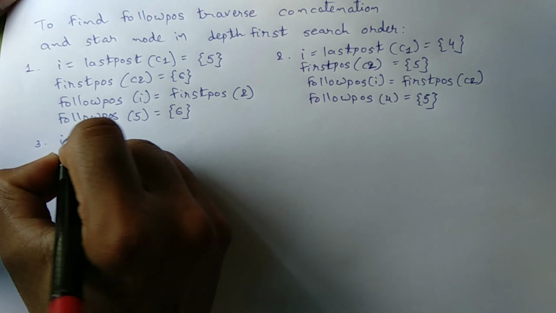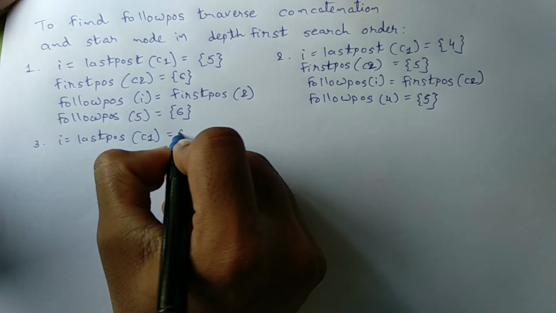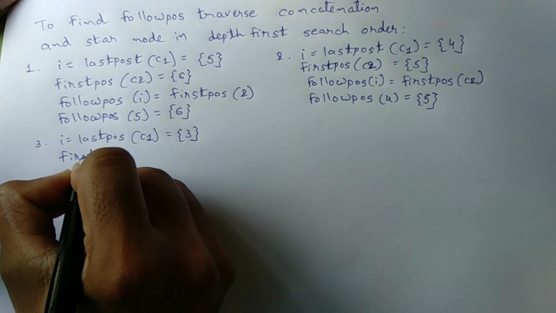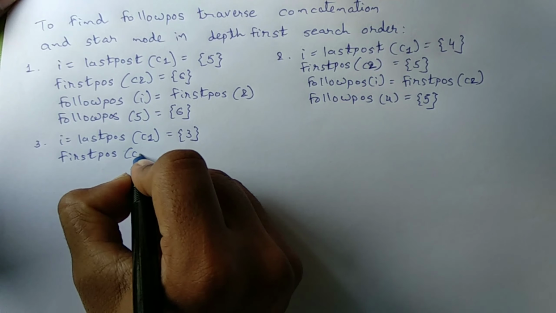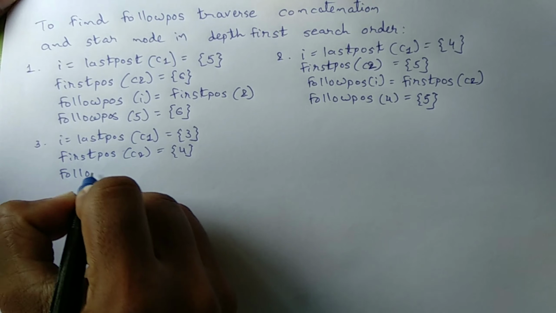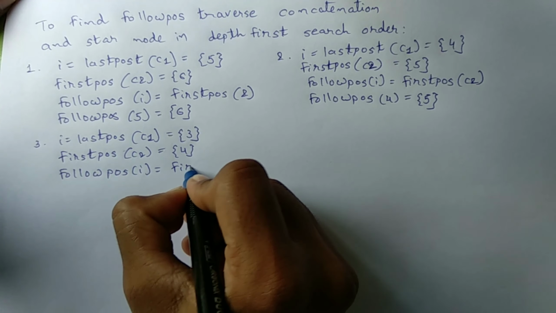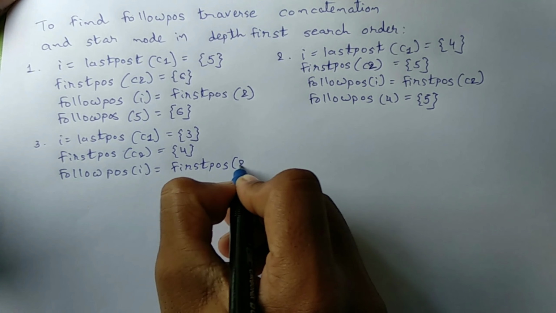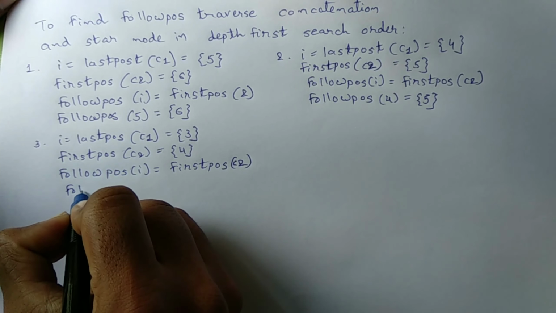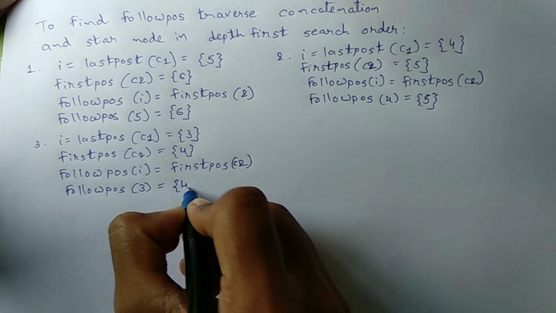Next i equal to last position of c1 is equal to 3. First position of c2 equal to 4. Follow position of i equal to first position of c2. So follow position of 3 is equal to 4.